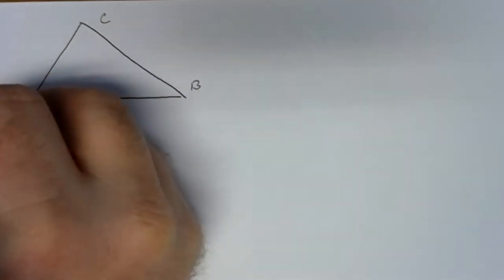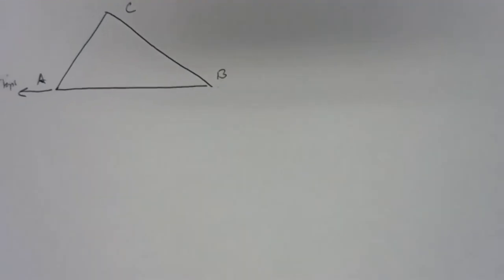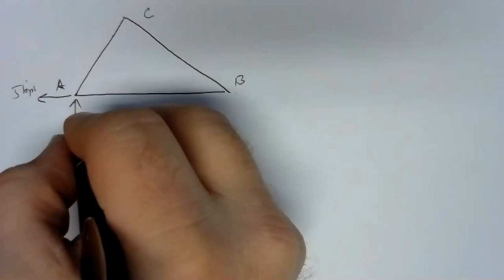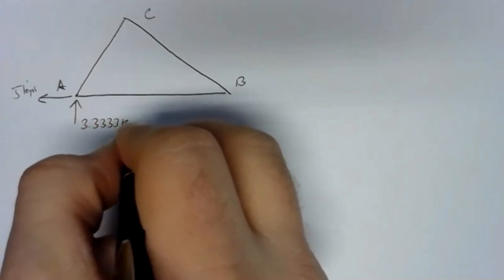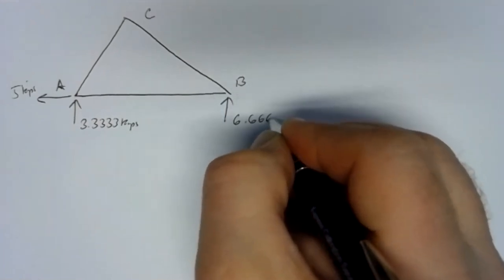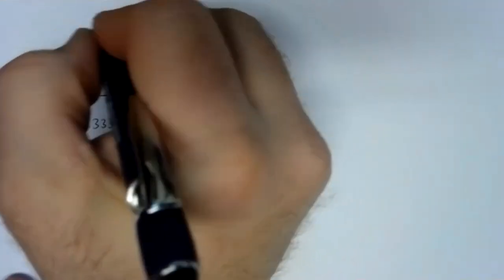We had 5 kips pulling to the left there, and we had 3.3333 kips here. We had 6.6667 kips there, and we had our 5 kips there.